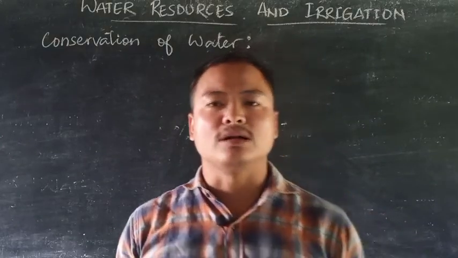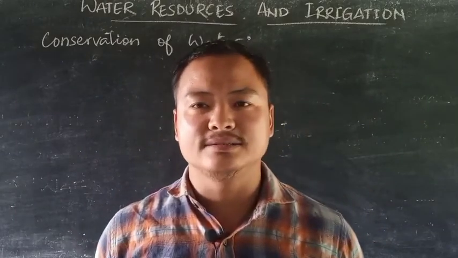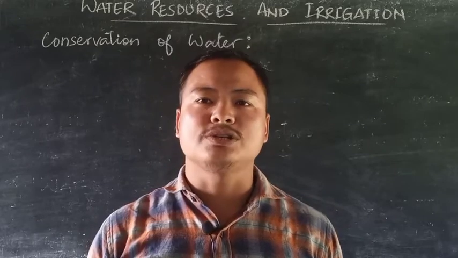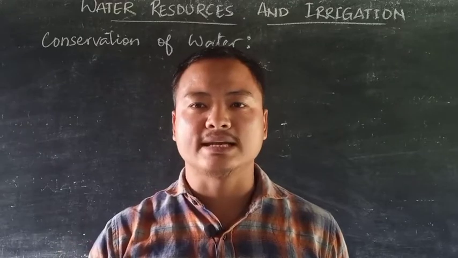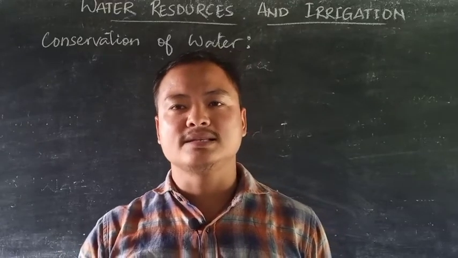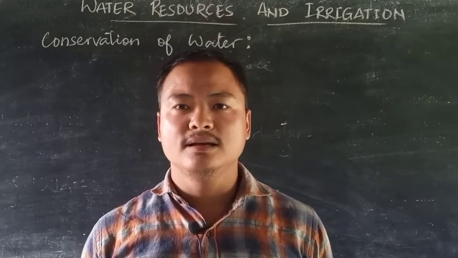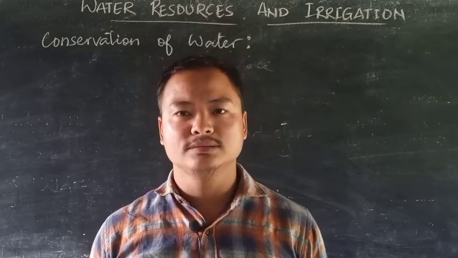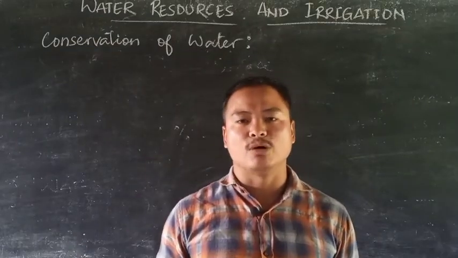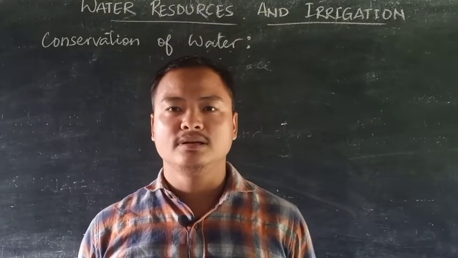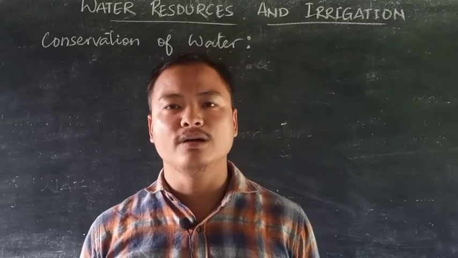So when we talk about conservation of water, a few points that we can discuss, or how can we conserve water, is: first, following a proper technological method in safeguarding water; second, by controlling the pollution of water; and third, by encouraging the development of watershed management, rainwater harvesting, recycling and reusing of water.